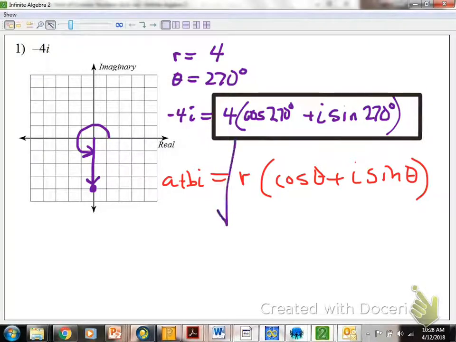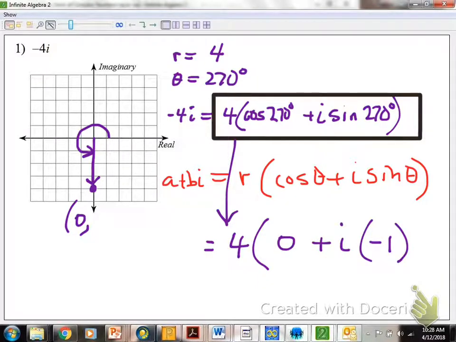You can check your answers because we know that the cosine of 270 degrees, remember cosine is the x coordinate of the point, is 0. The sine of 270 degrees is negative 1.